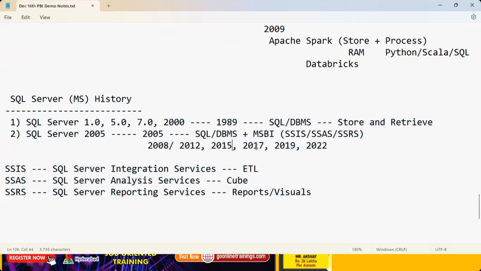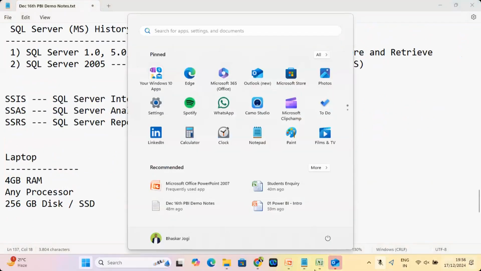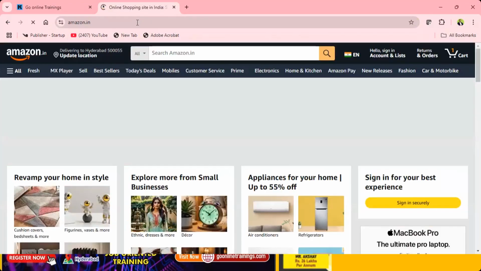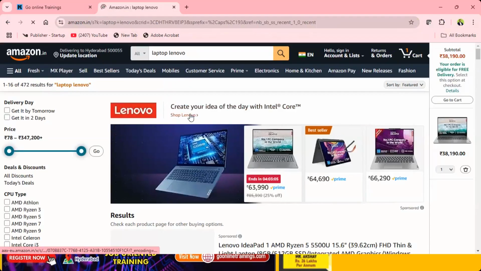If you want to install the 2019 or 2022 software, what laptop do you need? I told you the laptop configuration: minimum 4 GB of RAM, any processor, and a minimum 256 GB hard disk or SSD. When you go to Amazon, you can buy any laptop with this configuration. I'm going to suggest Lenovo because I'm using it.